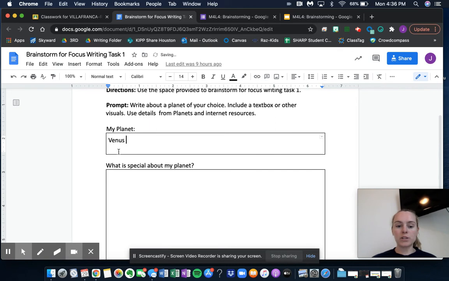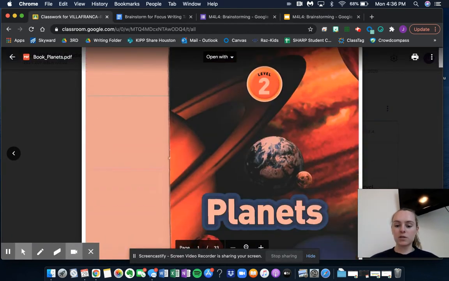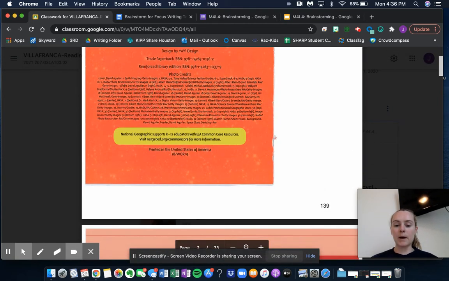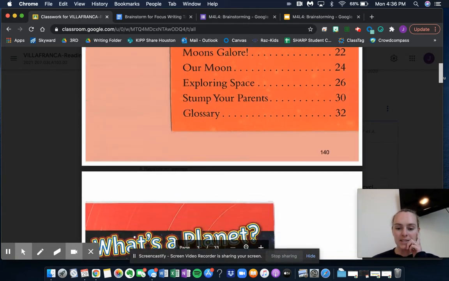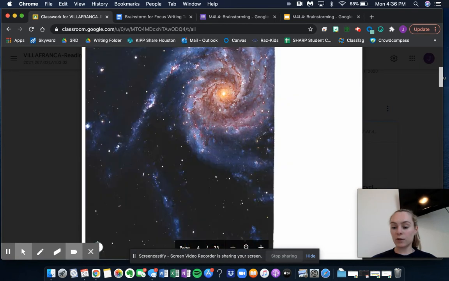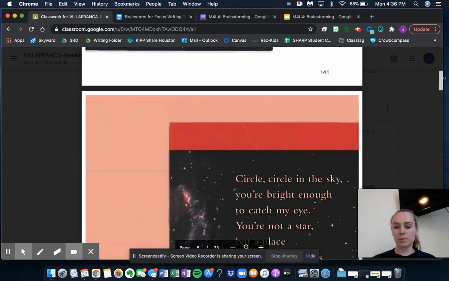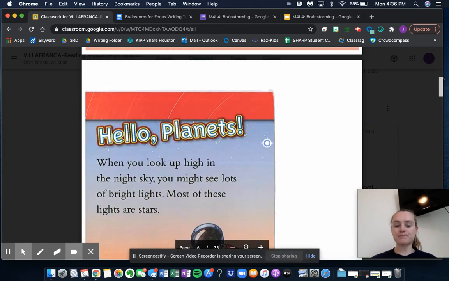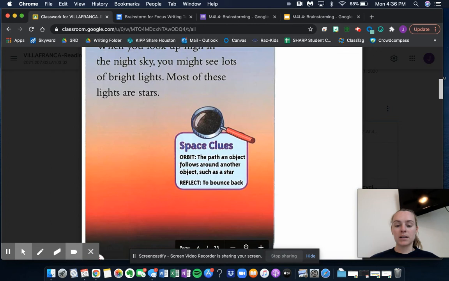If you don't know which planet you want to choose, this is when you have the opportunity to go to the texts. You can look through the pictures and think about which planet sounds the most interesting. If you haven't come up with a decision of which planet you want to choose, go ahead and look at the texts.